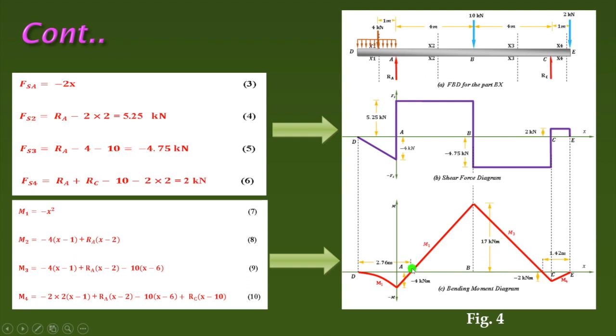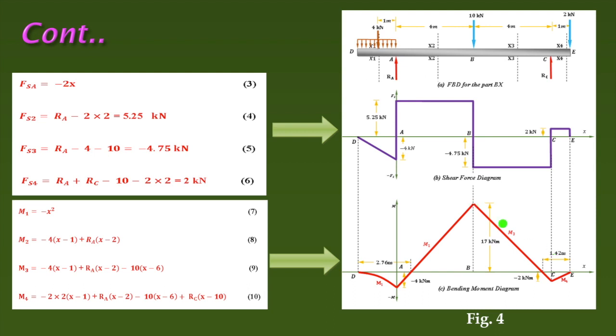And this is the point of contraflexure, which was calculated as 2.76 meter in the previous case. First point of contraflexure, where the bending moment changes sign from negative to positive 17 kilonewton.